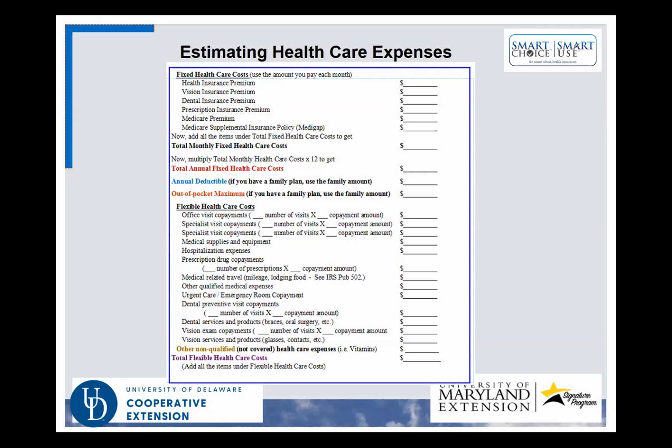They're up at the top, and down at the bottom are some of those more flexible healthcare costs that are associated with co-pays and numbers of visits, or dental procedures or vision exams or those kinds of things. So this is a blank version, and this is a tool that you can use to begin to estimate your own healthcare expenses. So next slide, please.